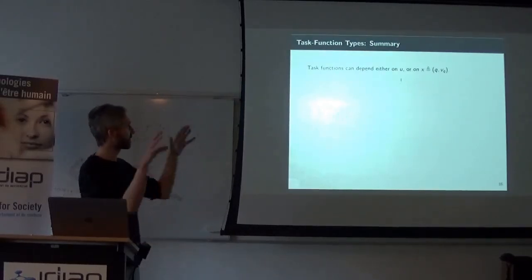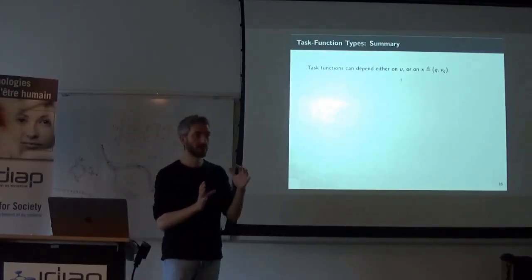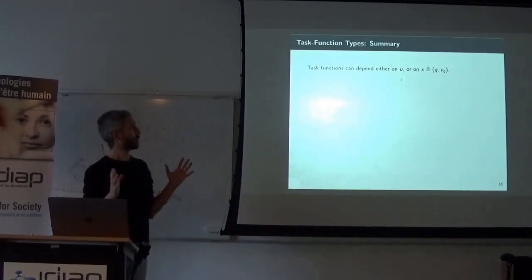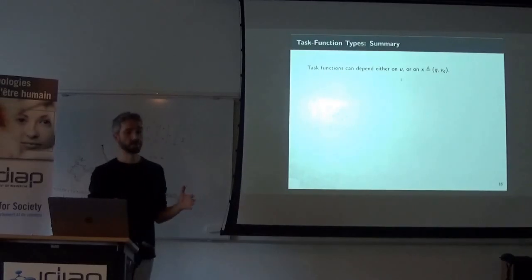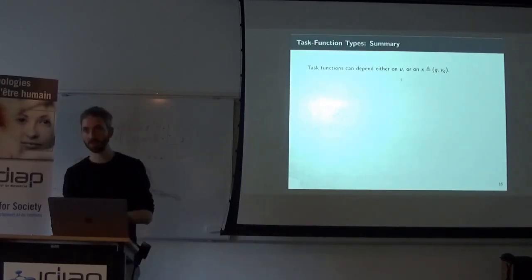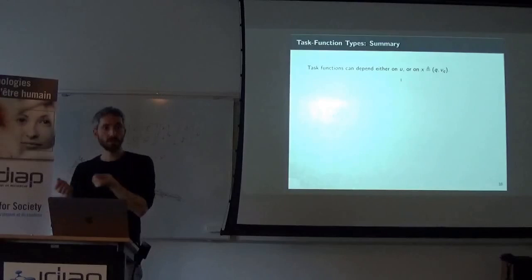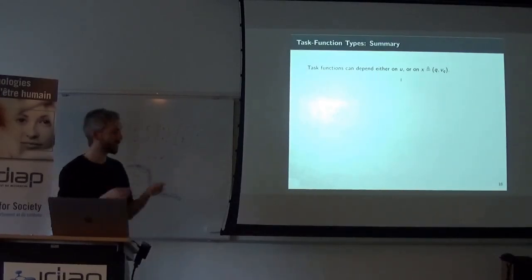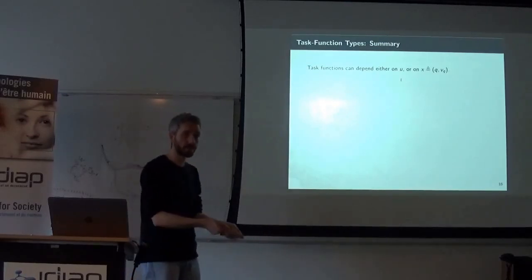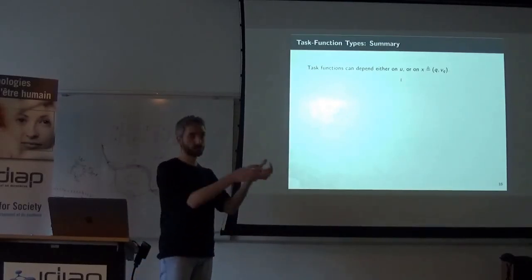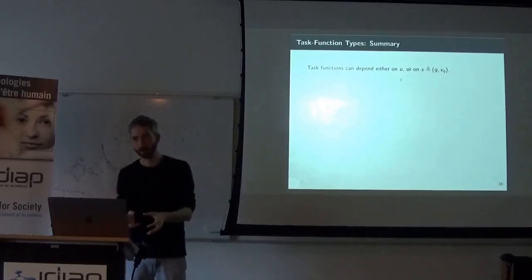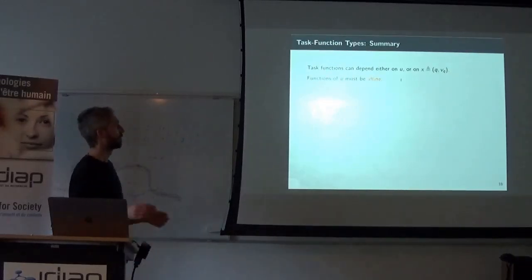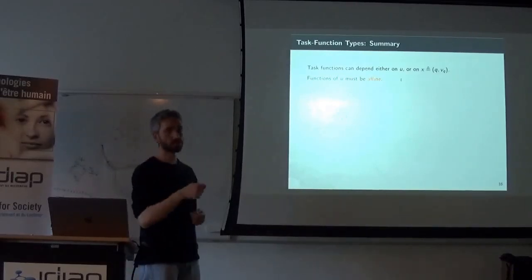So let's summarize what we have seen in this part about task models. We have seen that we can define task functions that we want to minimize to describe the objective of the controller and the robot. And this function can depend either on the state, x, which contains position and velocities, or on the control, u. A function that depends on the control must be affine.